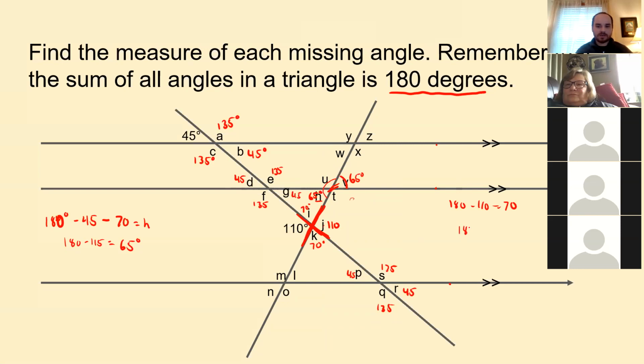So we take our 180 minus our 65, and we get 115 is the measure of U. So this is 115. What's the relationship between U and T? They're on opposite sides of an intersection, so they are also vertical, which means that this one is congruent again. So U and T are the same.